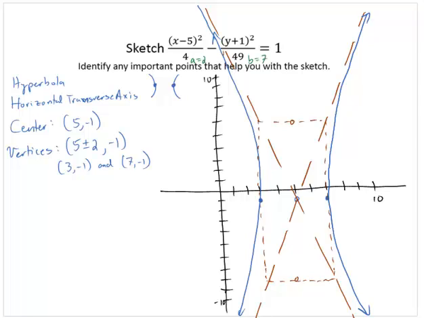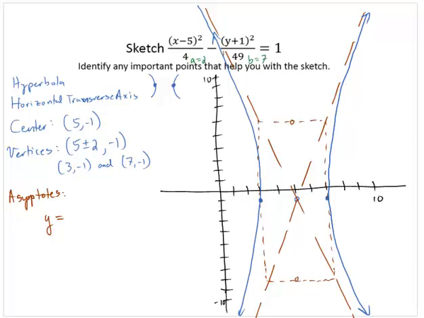What are the equations of the asymptotes? Well, the slope, if we think of how to get to the corners, we would have to move up or down, let's just say up 7 and right 2. So the slope is 7 over 2 or negative 7 over 2.